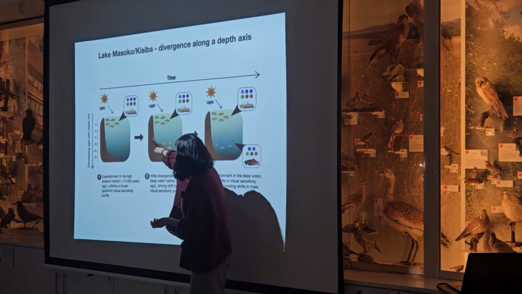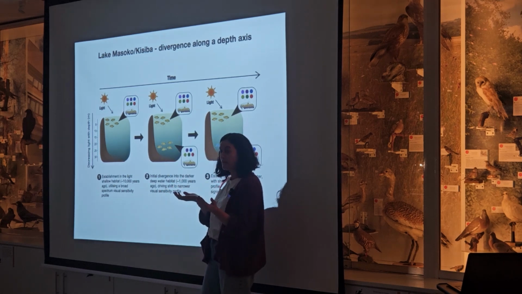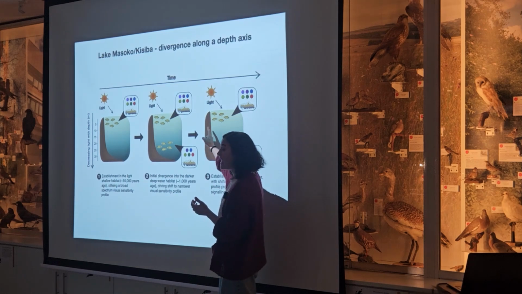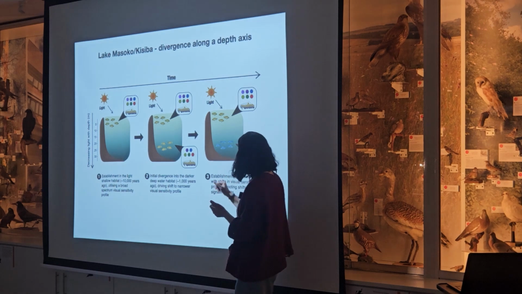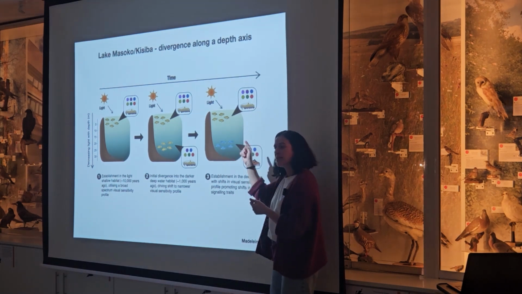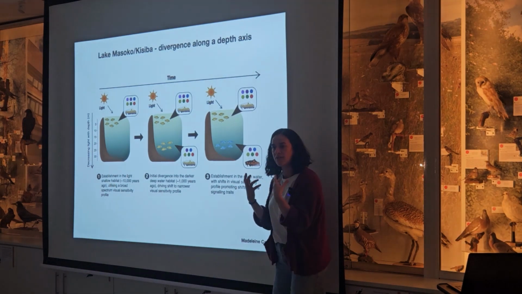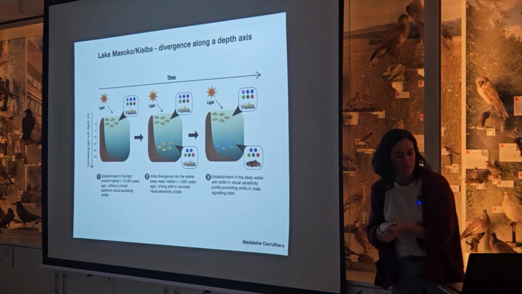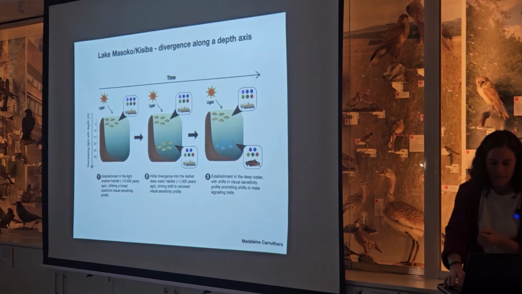And because it happened very recently, only in the past 1,000 years, what we can really see is exactly how they're going about it, right? So how are they becoming blue? How are the anal fins changing in color? And then related as well to their visual system and to their dietary preferences. So this really helps us address the why and the how questions. And so we're also looking into the genetics of this system.